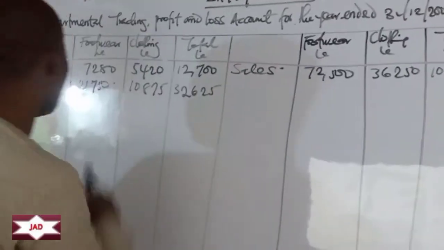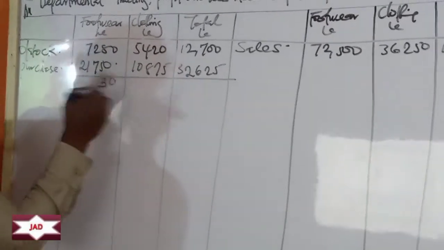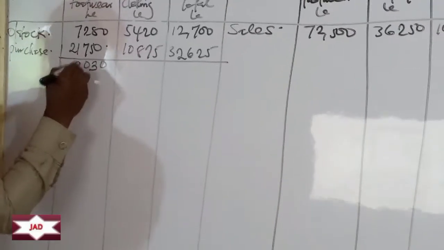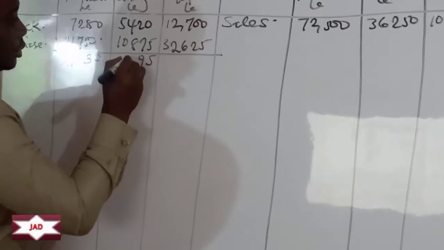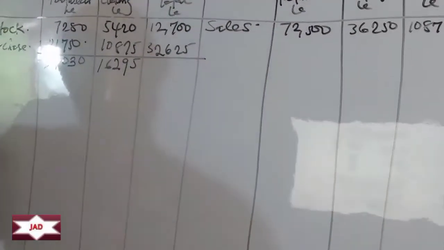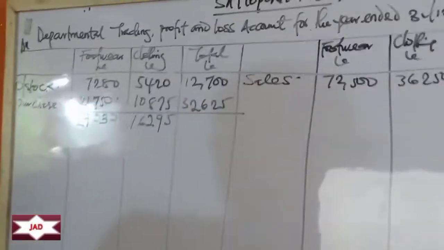Total is 32,625. So let's add. 0 plus 0 is 0. 8 plus 5, that's 13. 3, carry 1. 16,295 plus 29,030.